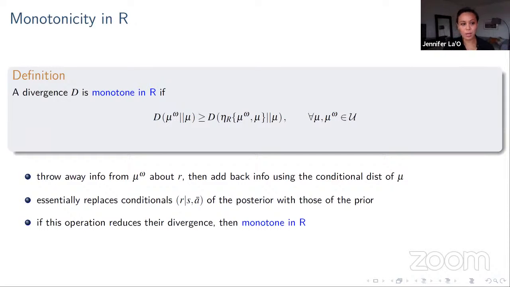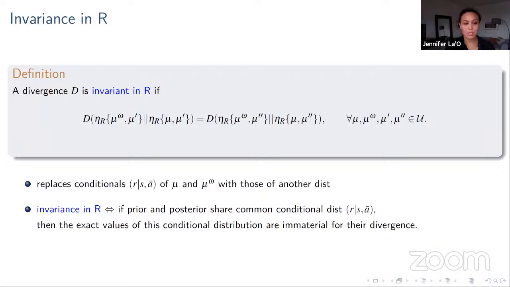There's another concept, which we call invariance, where we say a divergence is invariant in R if you replace the conditionals. So now let's say we replace the conditionals of both the prior and the posterior with the same conditional distribution. That's why I'm doing that to both sides of this divergence.